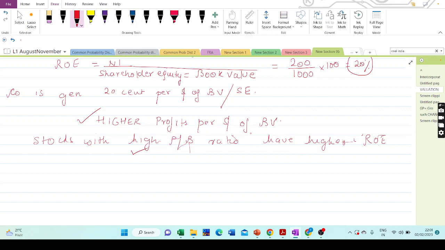Stocks with lower ROE. Yes, investors would be willing to pay less per dollar of book value for those stocks which have a lower ROE. So stocks with a low price to book ratio have lower ROEs.